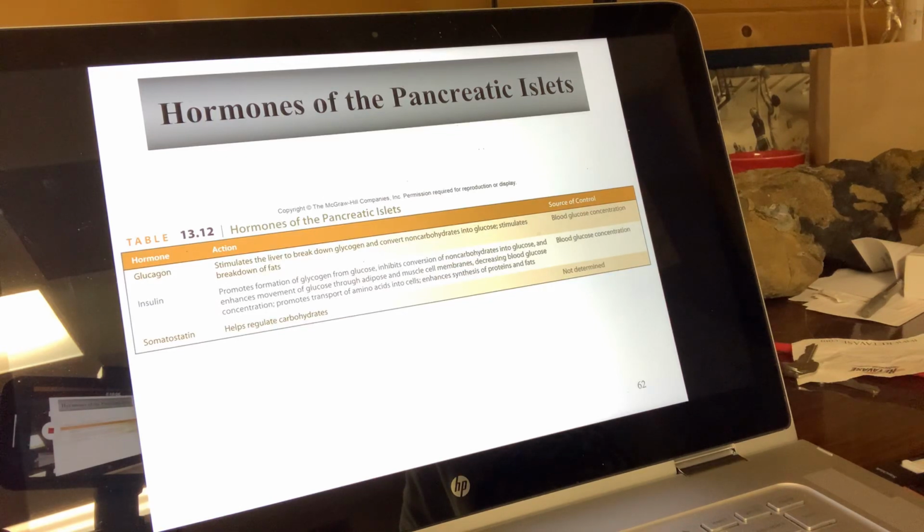When blood glucose levels go up, insulin is secreted, and insulin, as we've already shown, drives glucose from the bloodstream into cells, dropping your blood glucose level down. Glucagon is going to do the opposite. It's going to drive blood glucose levels up when they're low. So these two hormones work to maintain blood glucose levels in a similar fashion to how calcitonin and parathyroid hormone regulate calcium levels.